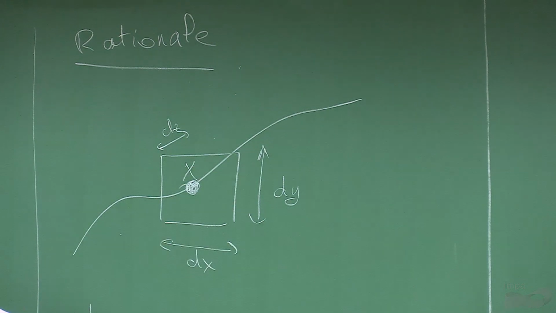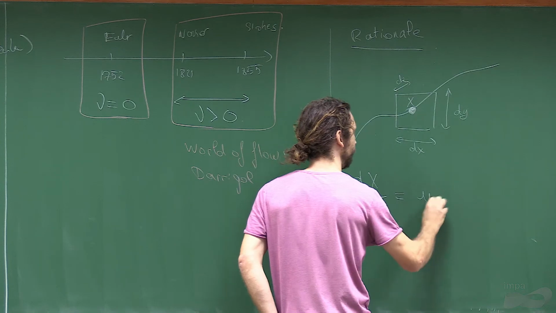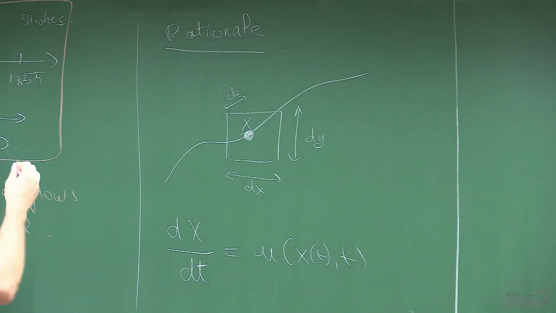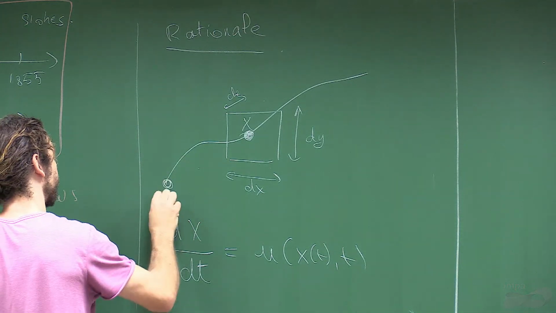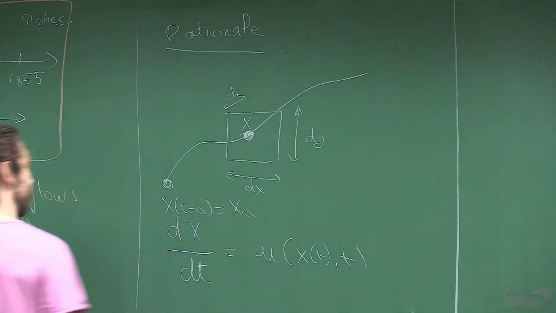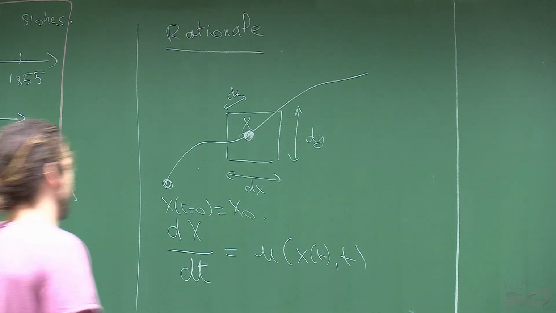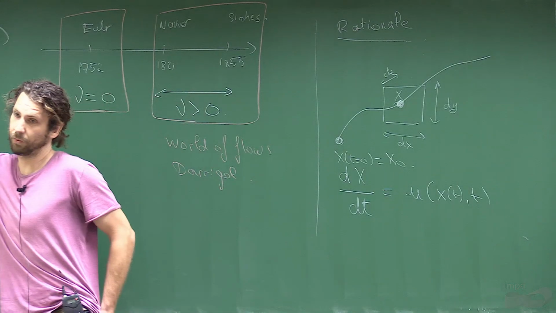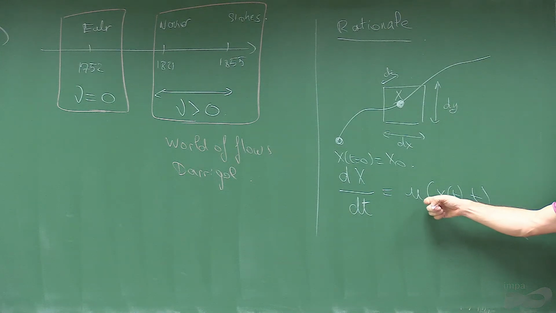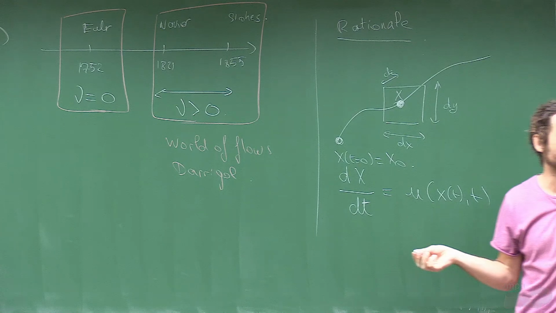And the center of mass will obey an equation which is dx over dt is u of x(t) and t. We say an initial condition here. Okay. Then basically, this equation tells you how you can relate u along the trajectories to all the surrounding forces.